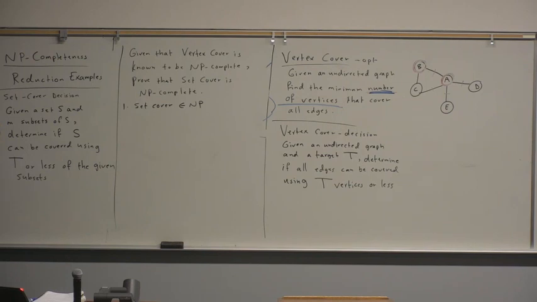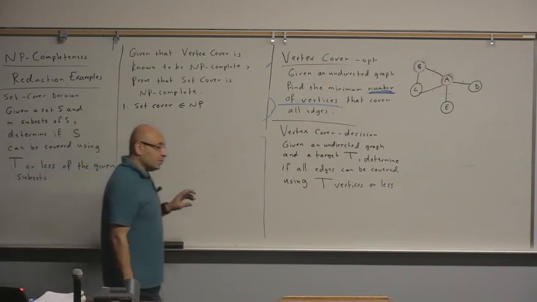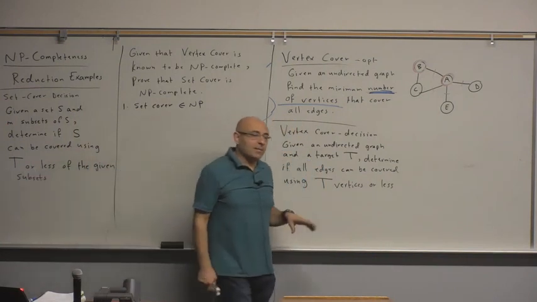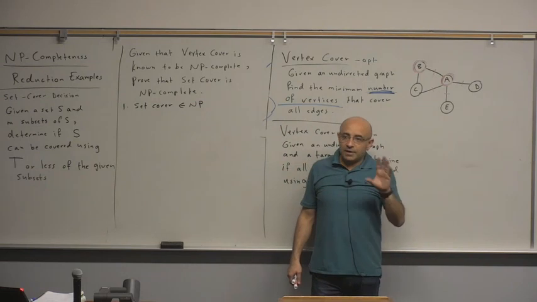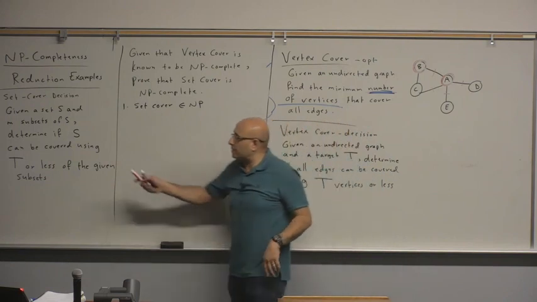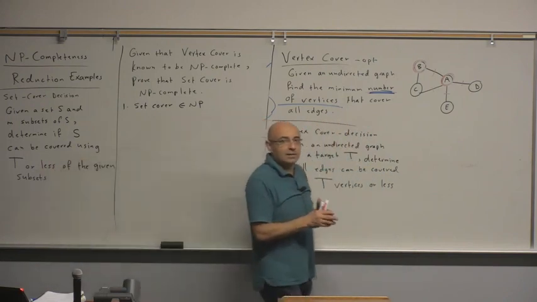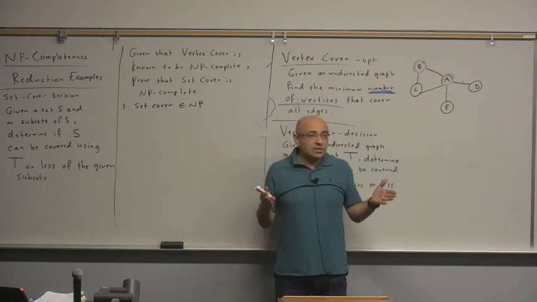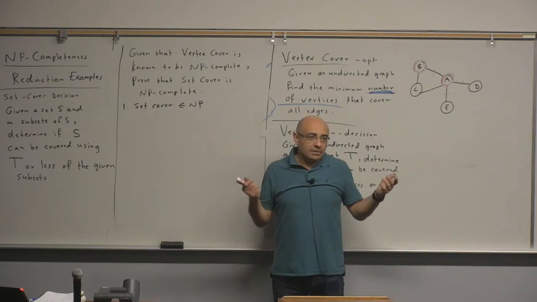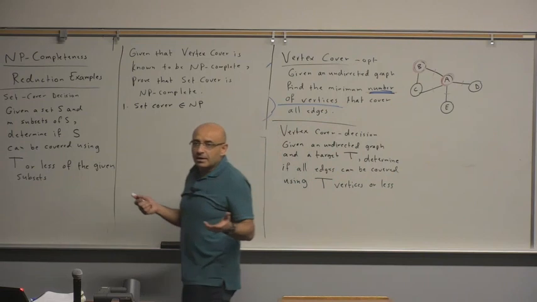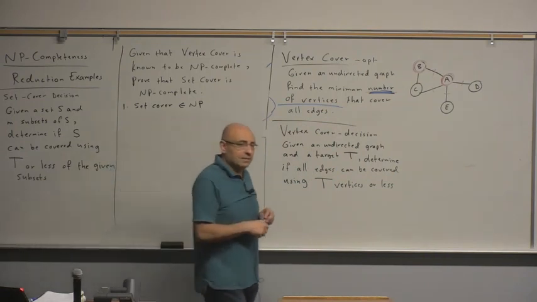Someone is going to give you T subsets. First, you should verify that the given number of subsets is equal to the target. So if the target is 3, they should give you 3 or less. Then you take the union, and if the union gives you the original set, you are done. That verifies it.